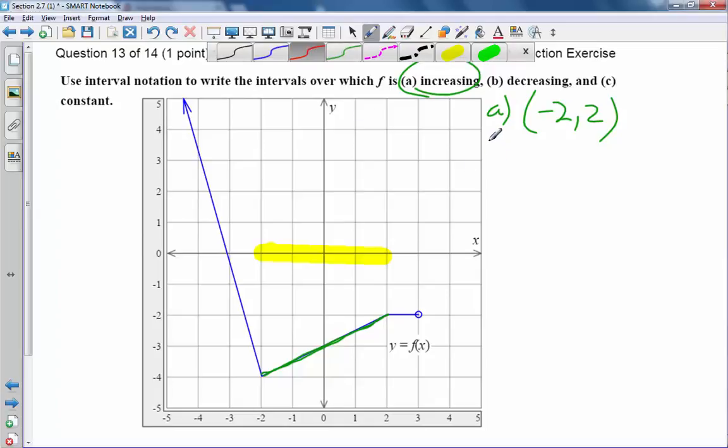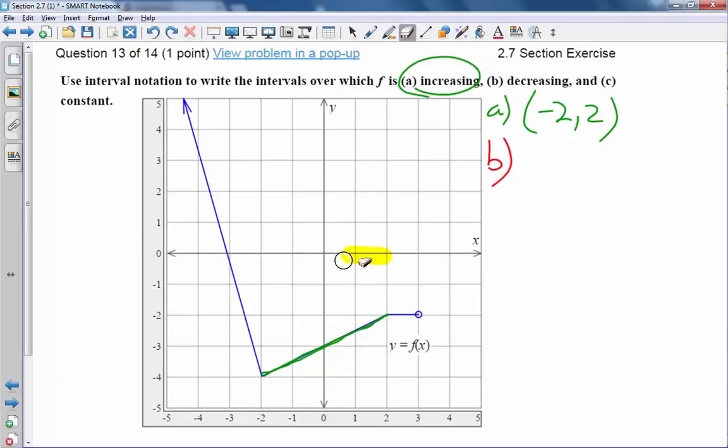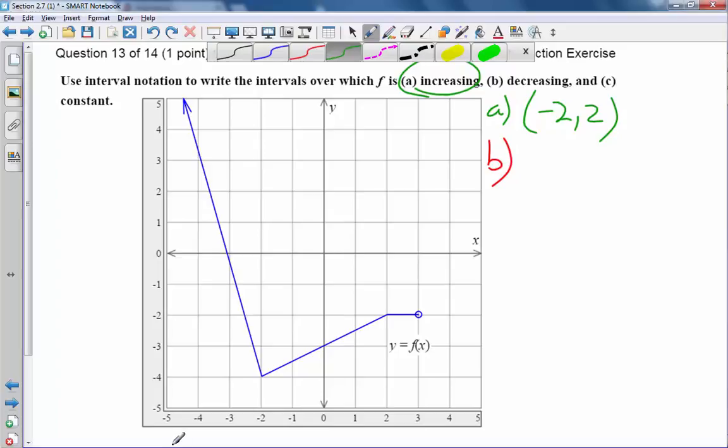Okay, second part. This time we are going to answer where this thing is going down. Where is it going down? Here. You just need to color what region corresponds to this part.